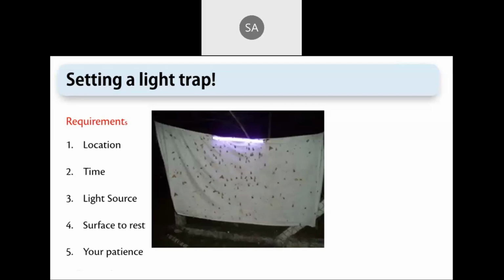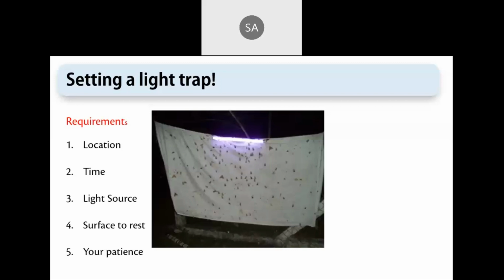Time should be starting from dusk hours, say around 5:30, 6 o'clock during the summers. The moth trapping event should start. Then next is the light source. The light source should be actinic bulb, or the bulb that emits UV rays. There are different types of UV products available, but there are some products that are matched to attract night insects, nocturnal insects.